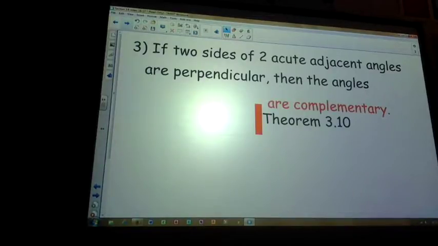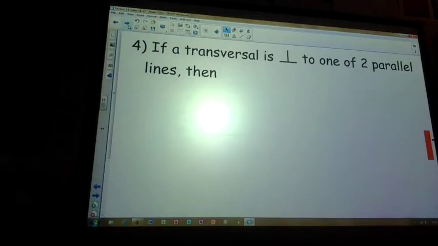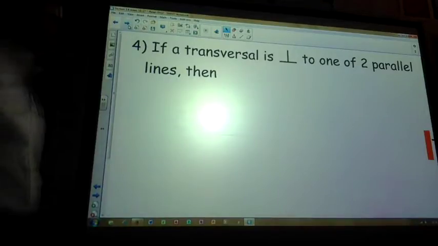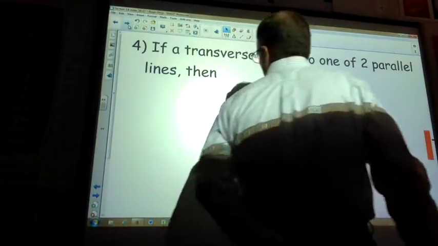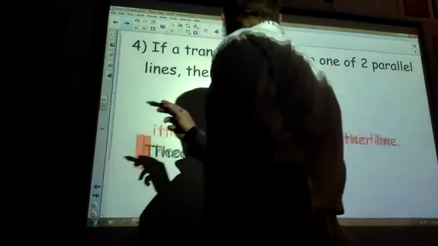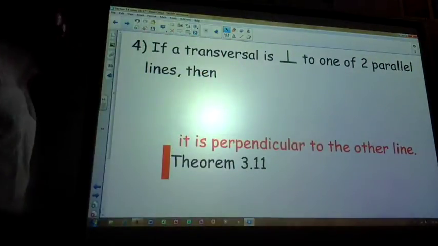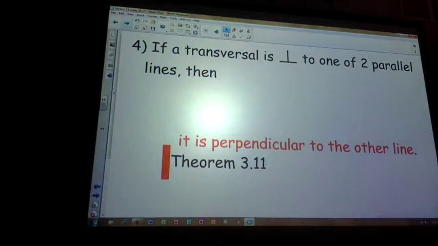There you go. If a transversal is perpendicular to one of two parallel lines, then it is perpendicular to the other line. If a transversal is perpendicular to one of two parallel lines, then it's perpendicular to the other.